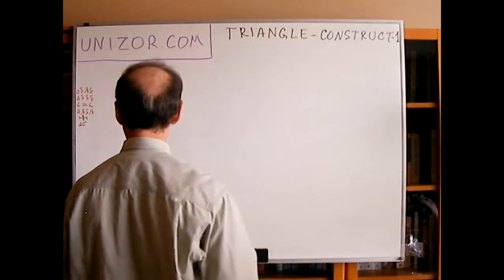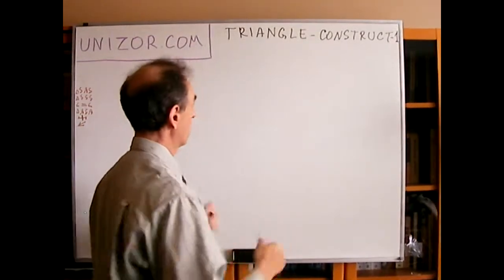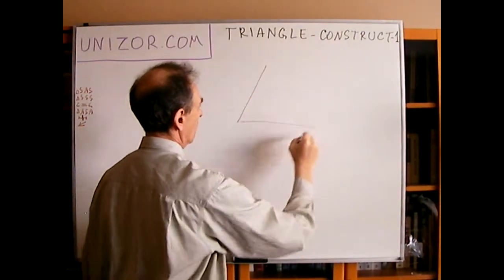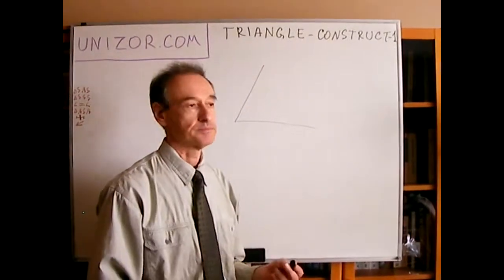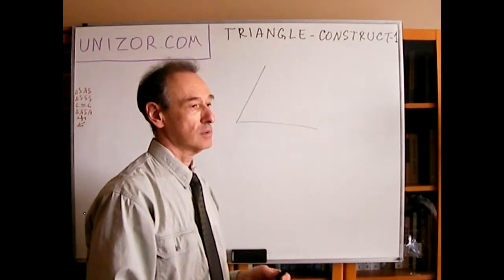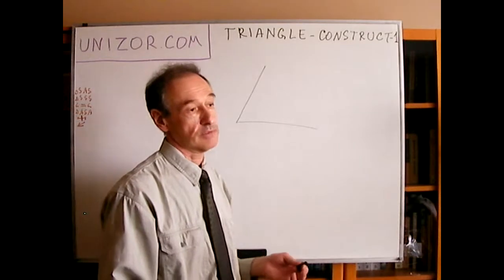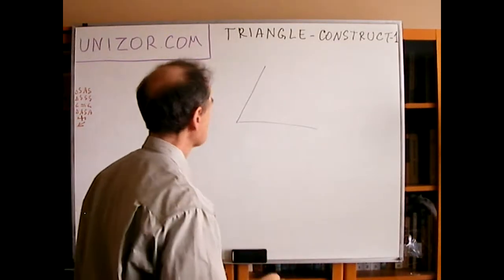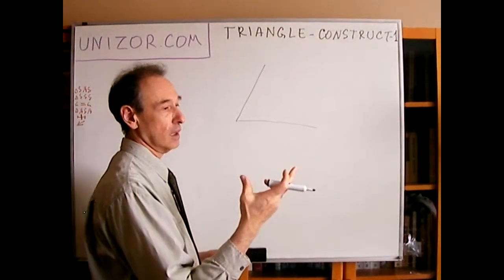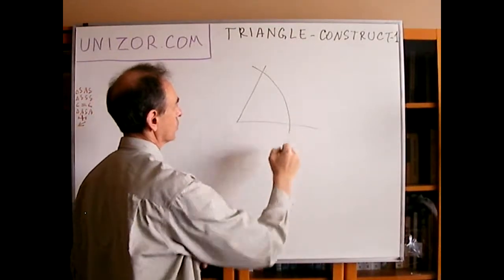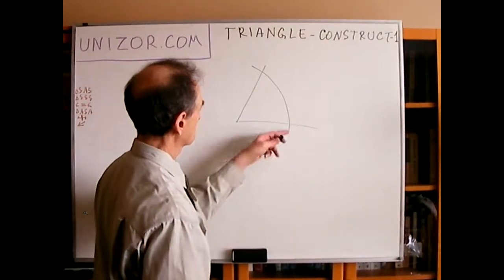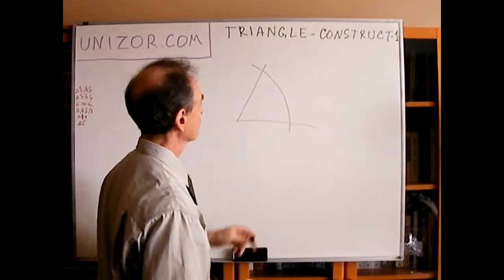And bisect an angle. All right, what if you have an angle and you would like to bisect it? Well, there are actually many different ways, and what I can suggest is the following. Take any radius and draw a circle crossing these two rays.